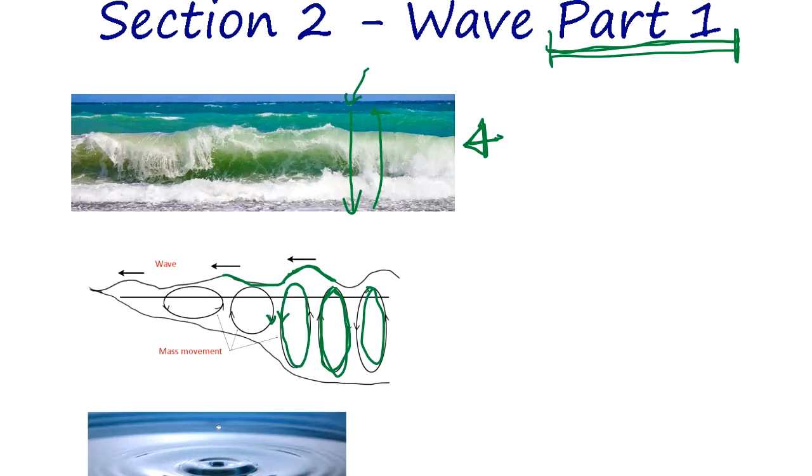And the cycling water mass is perfectly synchronized to make a wave. In the shallow area, this circle becomes more like an ellipse. So it looks like the wave is moving, but it's an illusion.